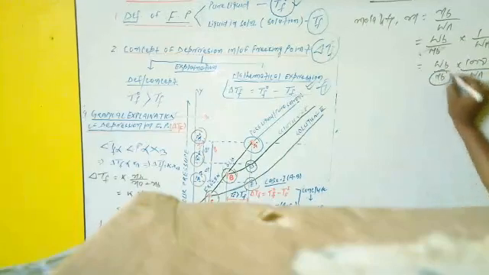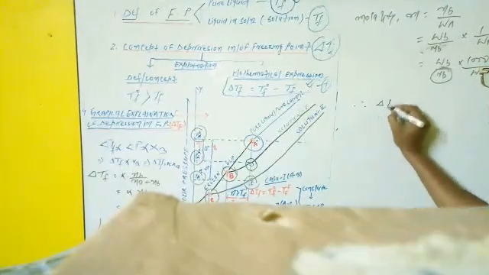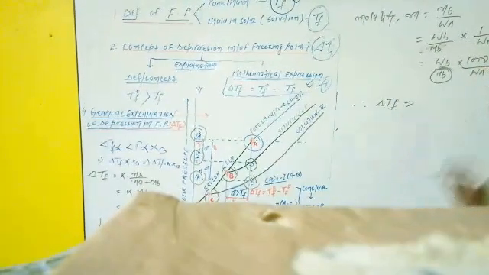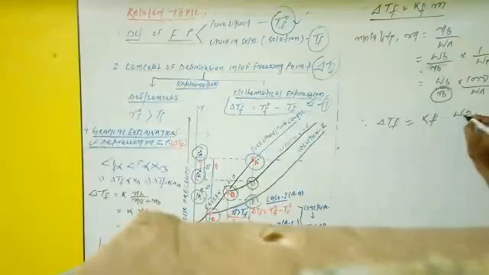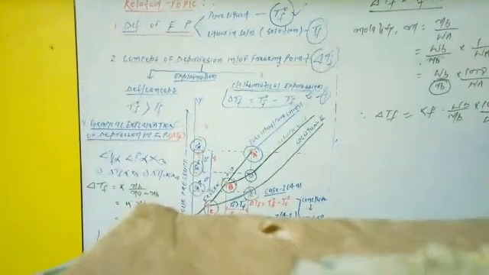But we want to know about the molality, so the above relation becomes delta Tf equal to Kf into Wb by Mb into 1000 by Wa.